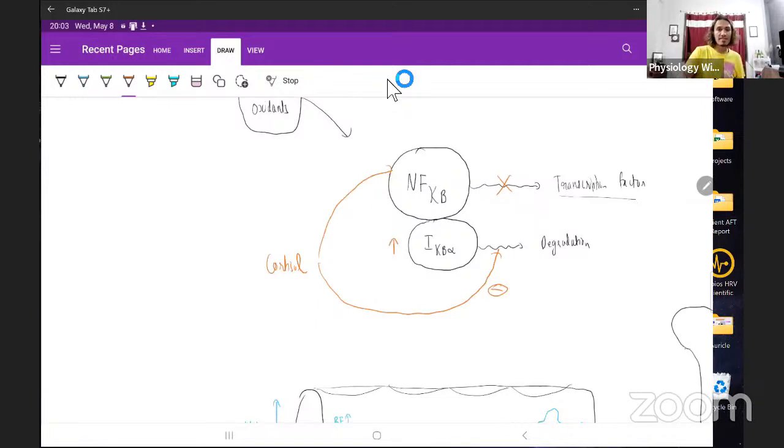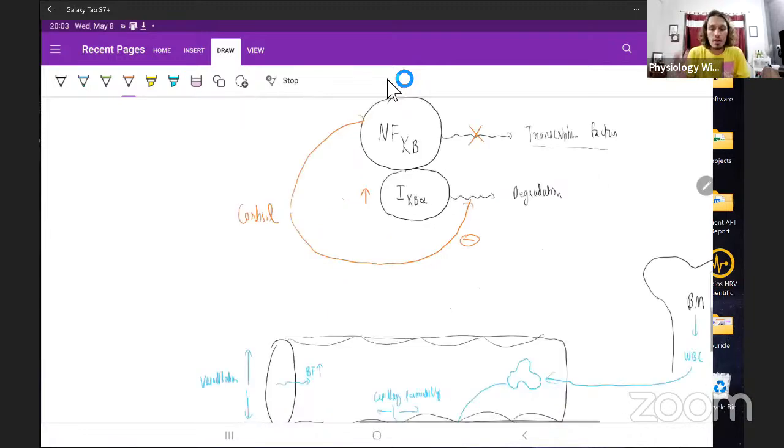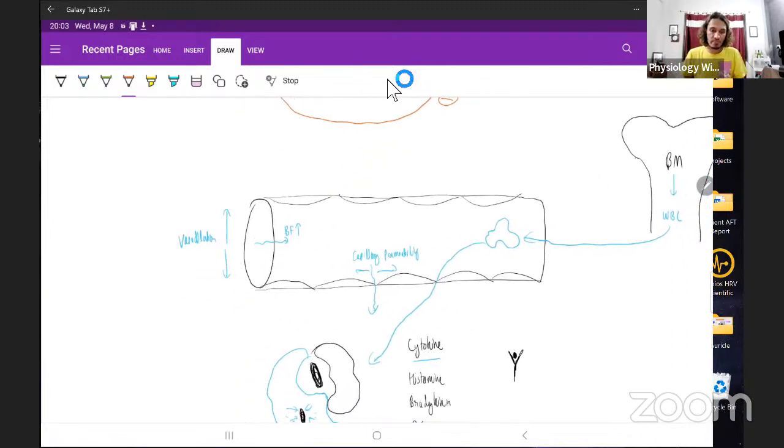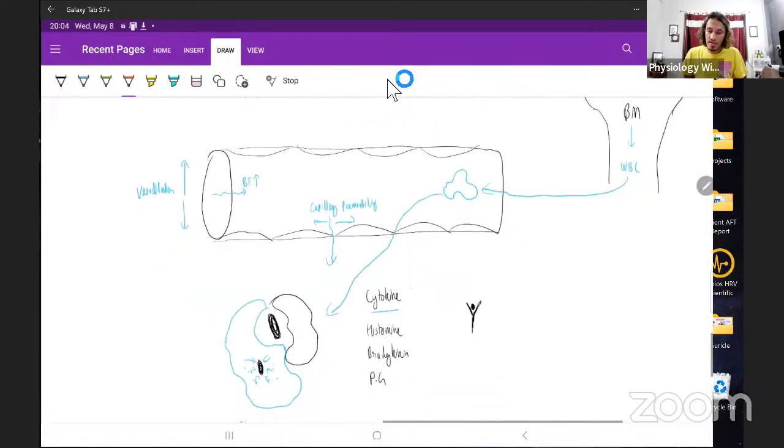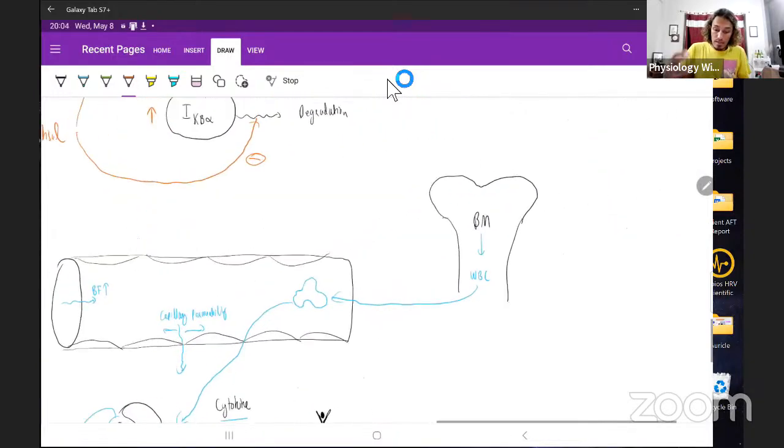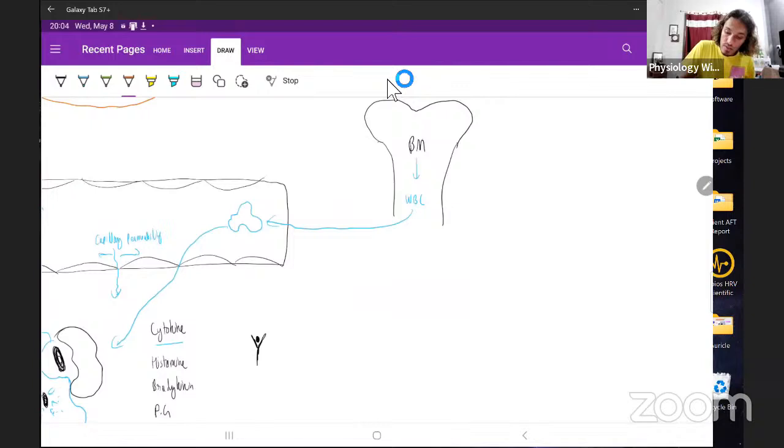The thing is, when NF-kappa B detaches from its inhibitory component, it goes into the nucleus. So that inhibitory part's degradation is inhibited, and we have more inhibitory component. As a result of this, from the bone marrow itself, your WBC production is reduced.